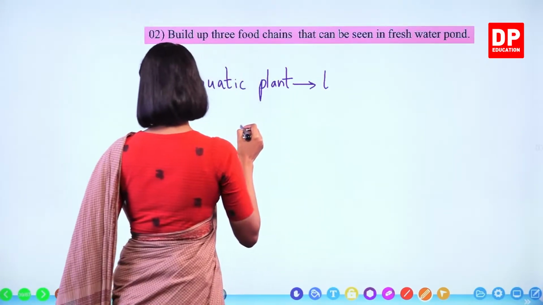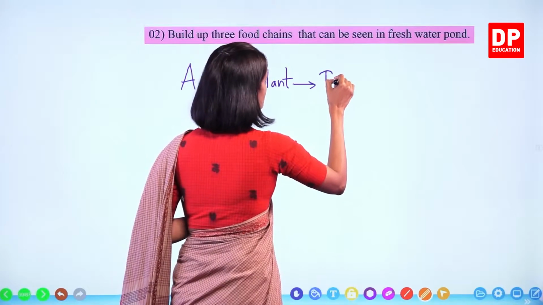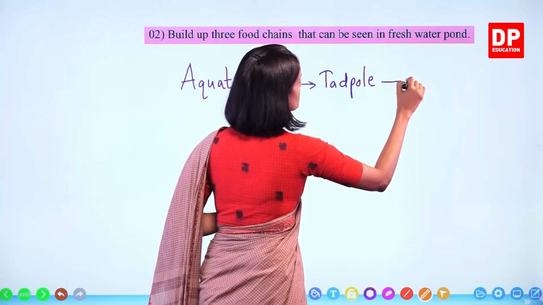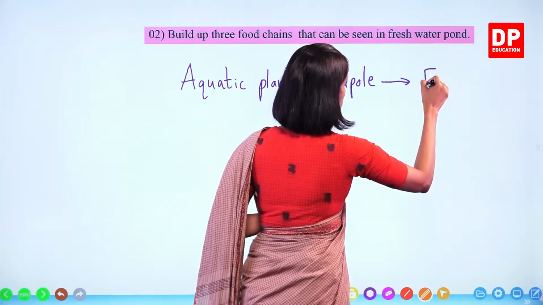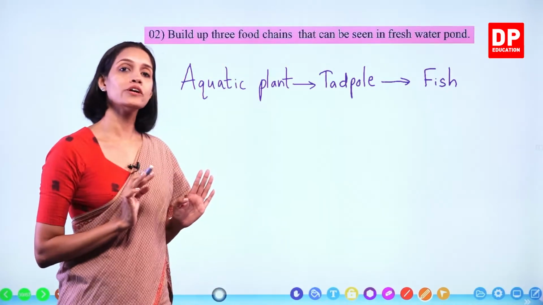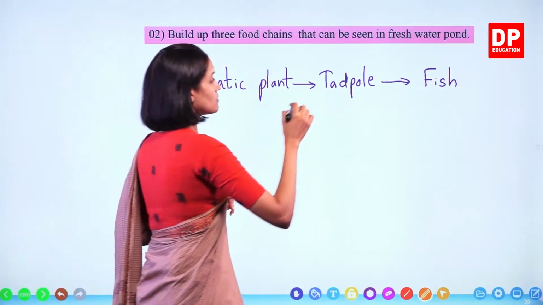Tadpole. You can write fish or big fish. Okay? And we'll write stork.